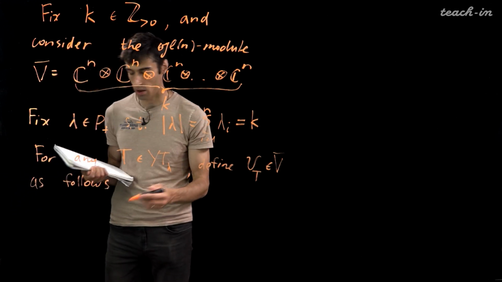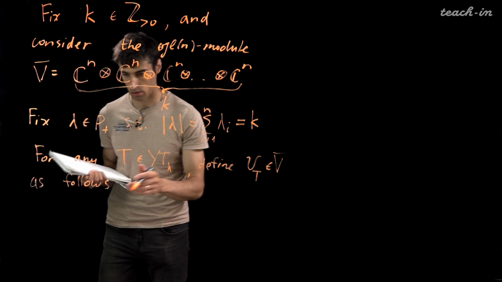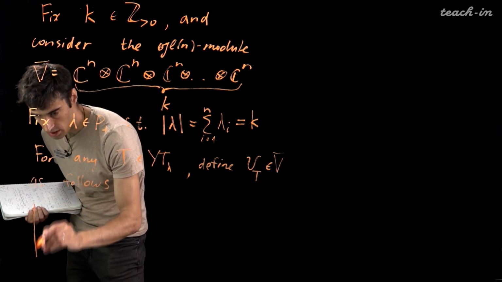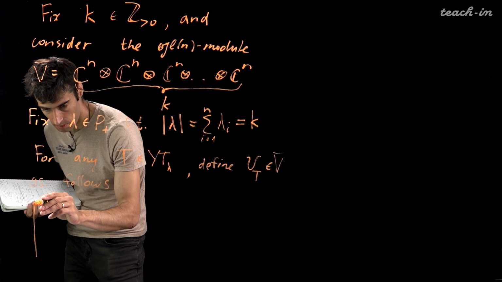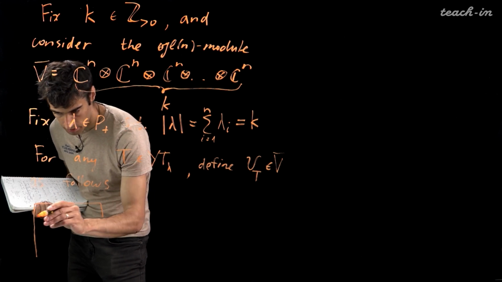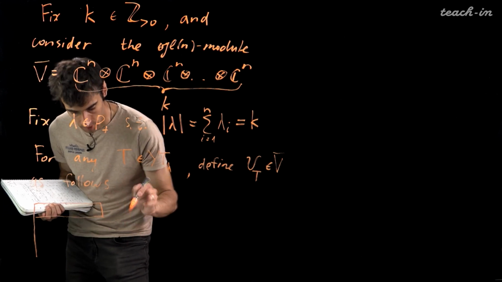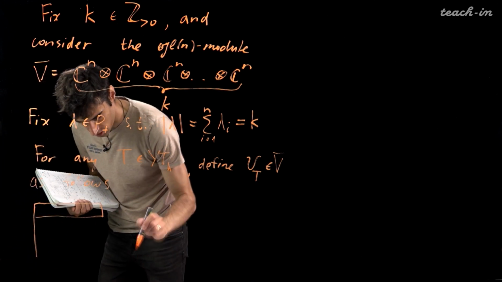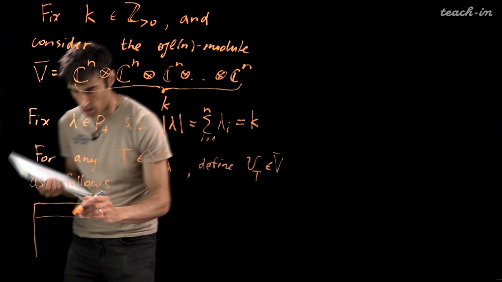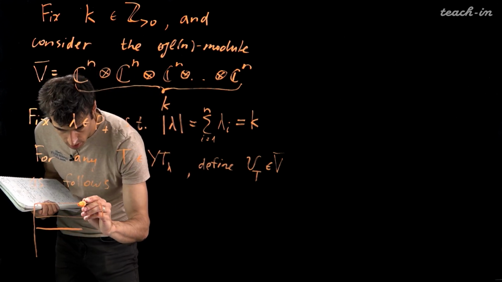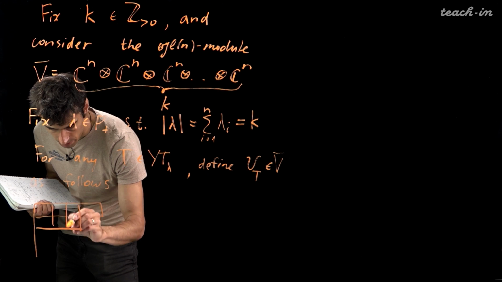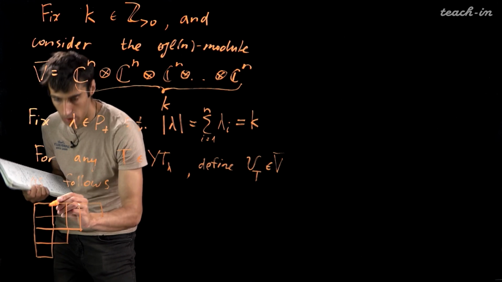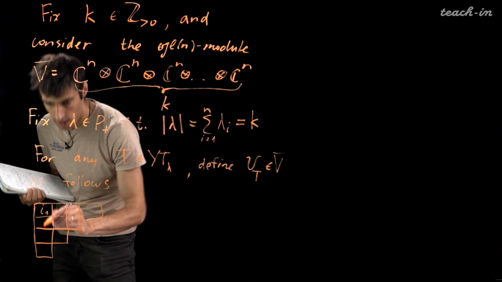So I would rather draw a picture. So my T is boxes filled with numbers, right? So I have a picture like this. What stays in this box, I will denote as I1.